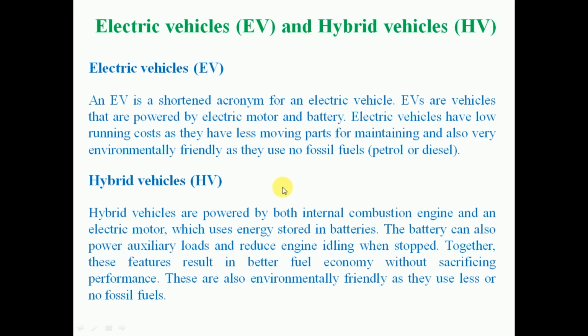Then next, hybrid vehicles. Hybrid vehicles are powered by both an internal combustion engine and an electric motor. Here we use the internal combustion engine and we also use the electric battery. That means whenever more power is required, then we use the internal combustion engine.